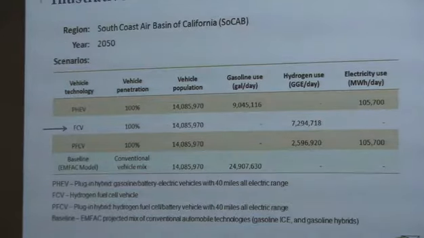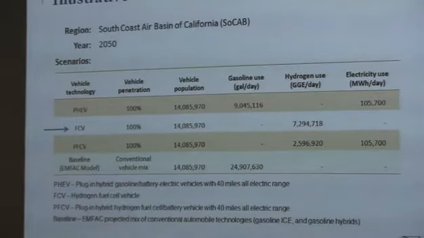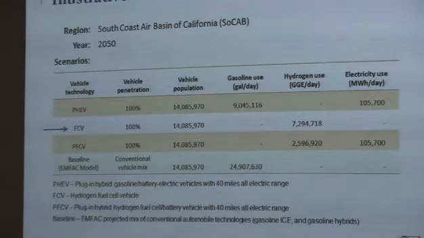You have fuel cells, and they are not emitting anything. But of course, the question that I always ask is, where does the hydrogen come from? We are going to have some emission savings from the actual cars, but we have to generate that hydrogen somehow, and we have to generate it in basin, maybe not. We're going to discuss that. So all this is where we're going.